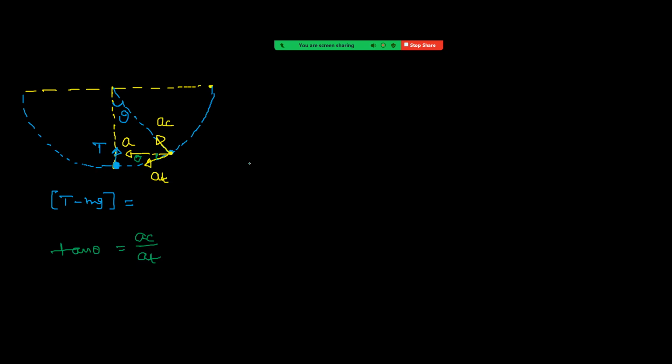If you draw the free body diagram at that instant, you can see mg vertically downwards. Its component along the tangent is mg sine theta, if this is theta.